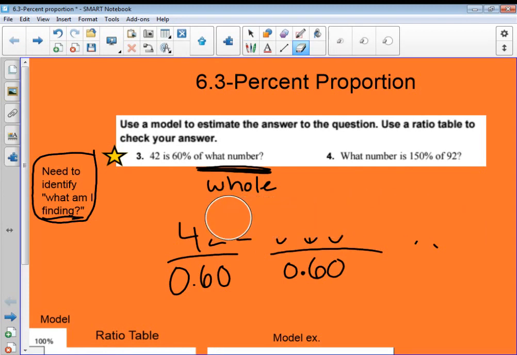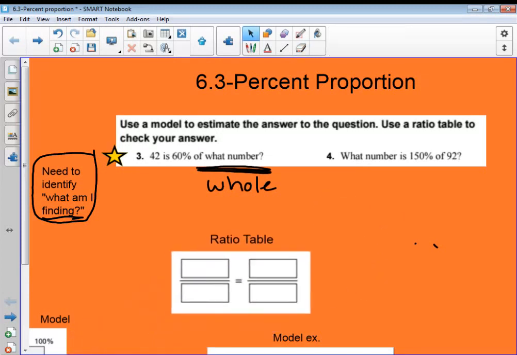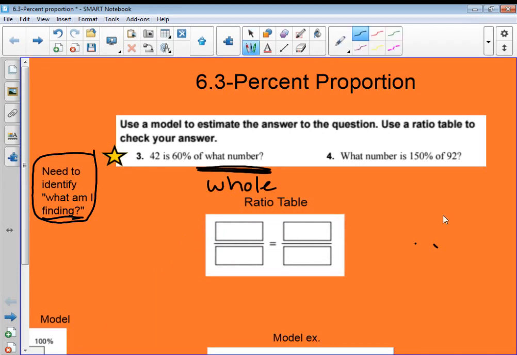And to double check that, I will use my ratio table. So my unknown is my whole here. I have 60% over 100, and my part is 42. So my part, my whole, 100 times 42, that would be 4,200 divided by 60.